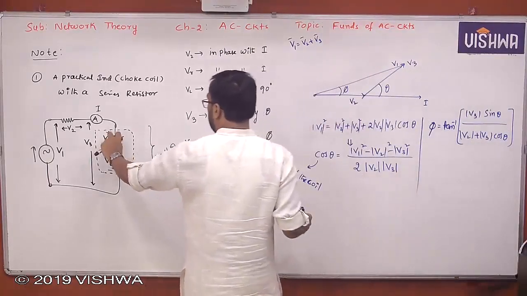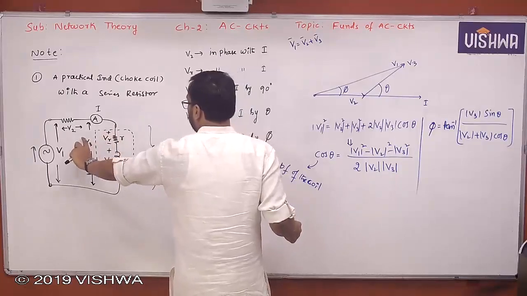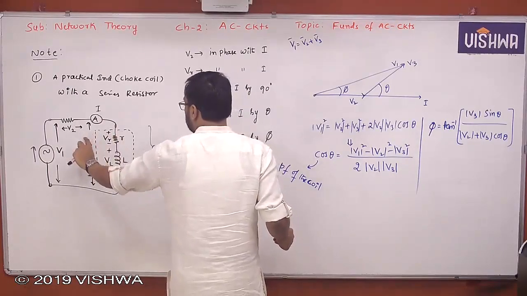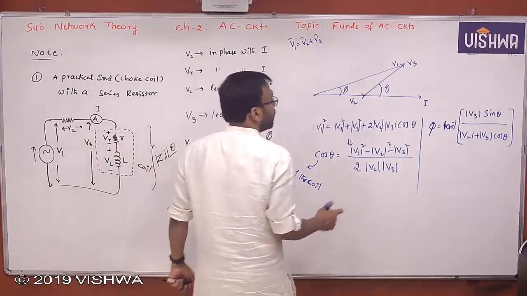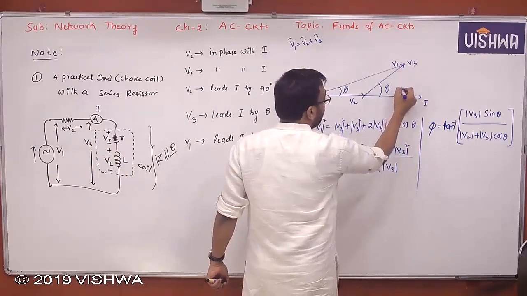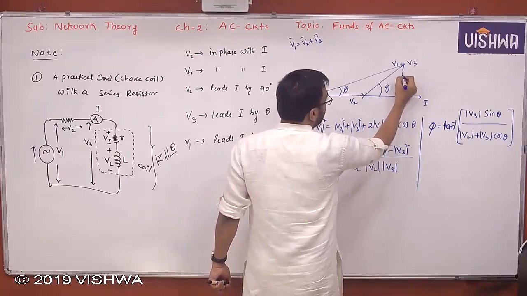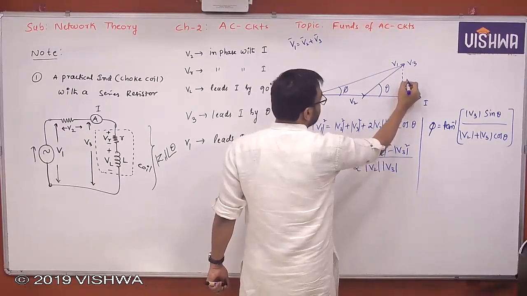If I find VR, what is VR actually? V3's horizontal component is nothing but VR. V3's vertical component is nothing but VL. You see here, V3's horizontal component, this is VR. Yes or no? And this is VL.